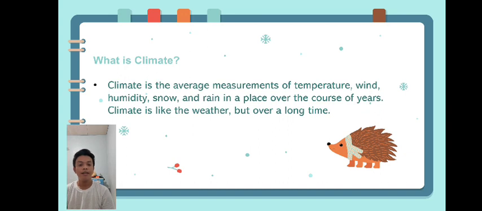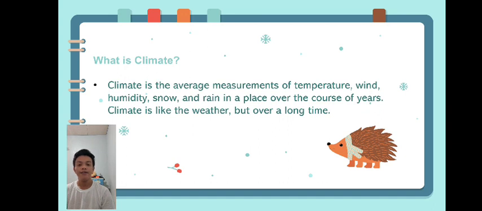Example ng climate, dito sa Pilipinas, meron tayong tag-ulan tsaka tag-init. So parehas siya ng weather, pero sabi nga kanina, it occurs over a long period of time. So, kung ano man yung nararamdaman natin na klima dito sa Pilipinas, ayun lang ang mararamdaman natin.